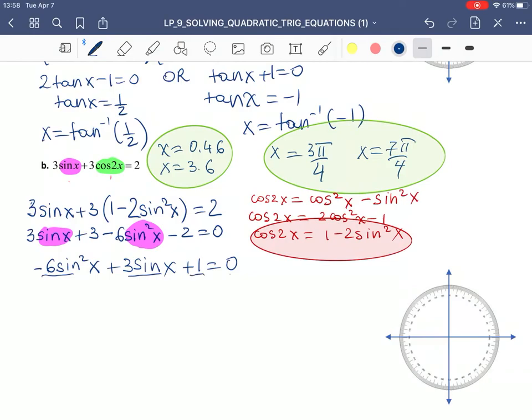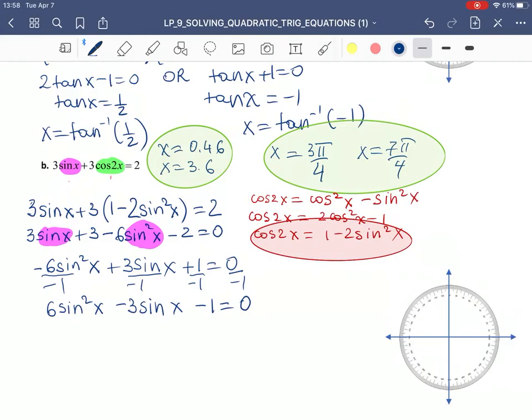So we are going to divide every term in the equation by negative 1. Now, it's not an operation that you can show the way I am right now. You can simply rewrite the next step as 6 sine squared x minus 3 sine x minus 1 equals 0.